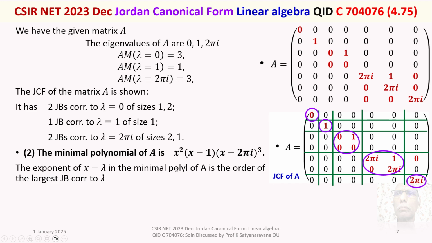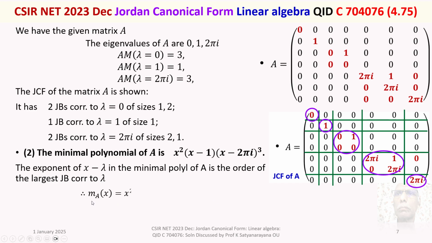So therefore that will be x minus 0 square. And corresponding to 1, there is only one block, therefore x minus 1. Corresponding to 2 pi I, the largest Jordan block is 2. Therefore you will have x minus 2 pi I whole square.